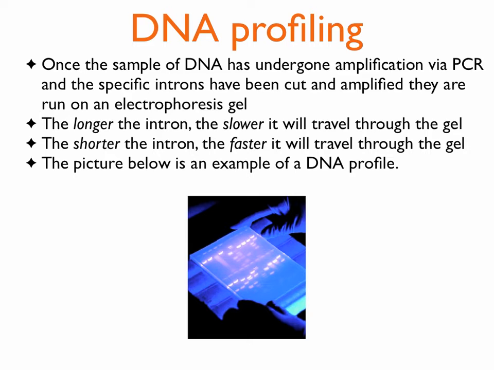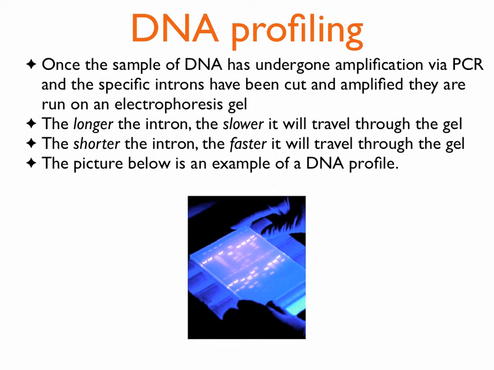Now the intensity of that light under the ultraviolet spectrum reflecting out of those banding patterns shows us the concentrations of those numbers of introns and how far they've travelled. And so we are able to profile somebody's DNA by looking at how the introns spread out over time.